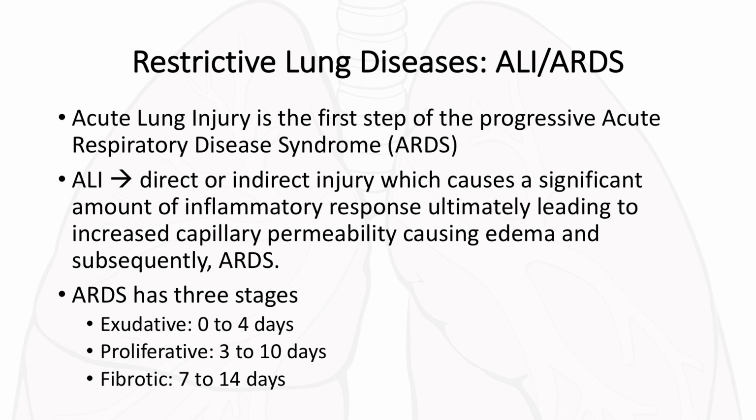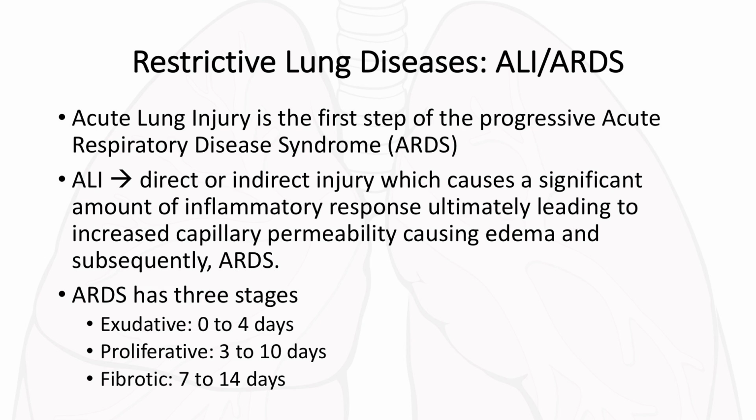This is like a pulmonary contusion, direct or indirect injury, which causes a significant amount of inflammatory response, ultimately leading to increased capillary permeability, which causes edema and subsequently ARDS.